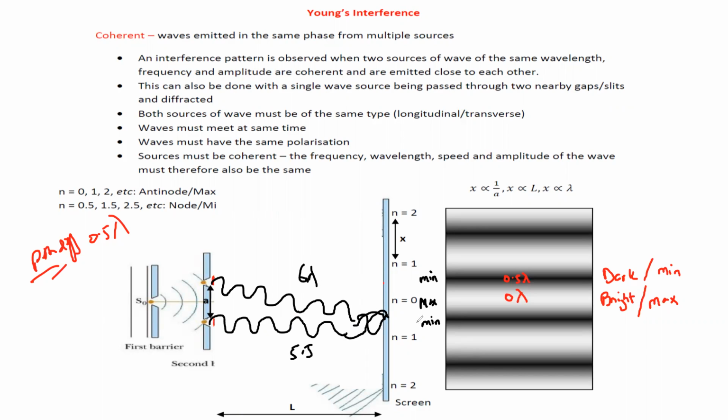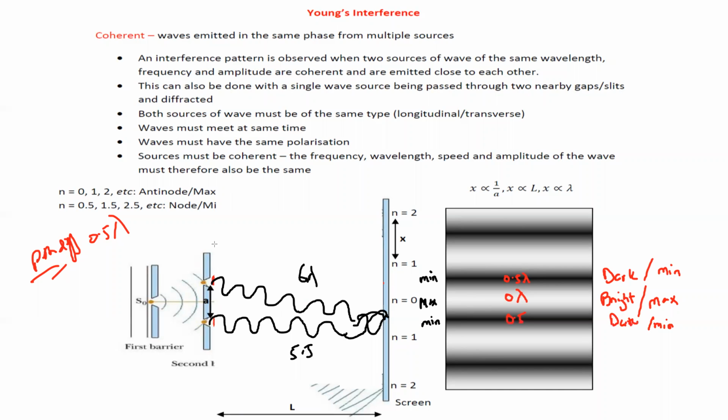So again the path difference is half a wavelength. So below that also, we have a half wavelength, and whenever there is half wavelength, we get a minima. So there will again be a dark region, which we also call a minima.